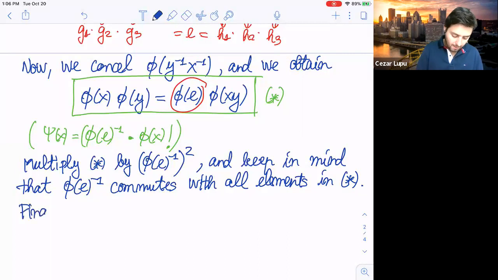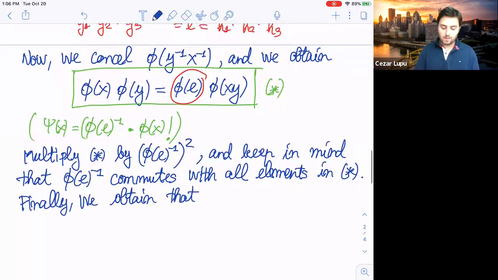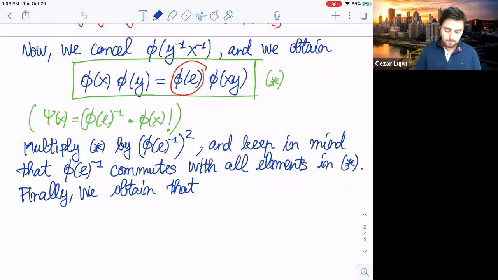So finally, we obtain that if we multiply by this, we can redistribute, right? I'm multiplying twice by it because it's squared. So I'm redistributing it.